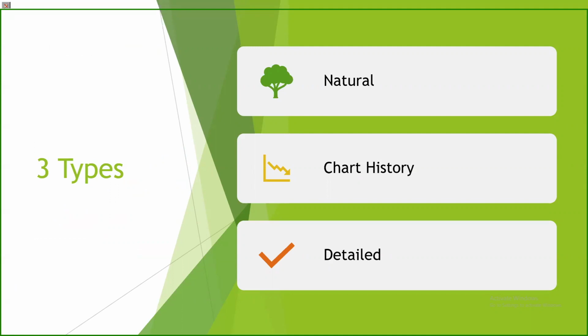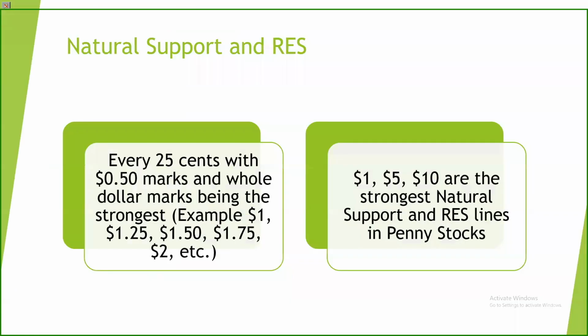So first thing we want to go over is natural support and resistance, guys. When we think of natural, what do we think of? We may think of trees, we may think of anything out in nature. That's along the same exact lines when we think about stocks. We're not affecting the stock. We don't have any indicators. We don't have any past chart history pattern. If a stock moves up the natural way, it's going from $1 to $2 to $3 to $4.